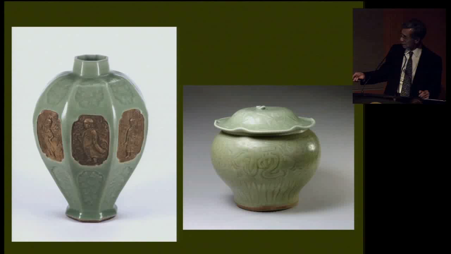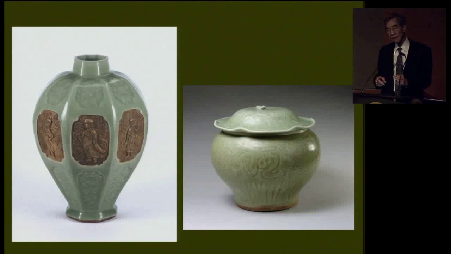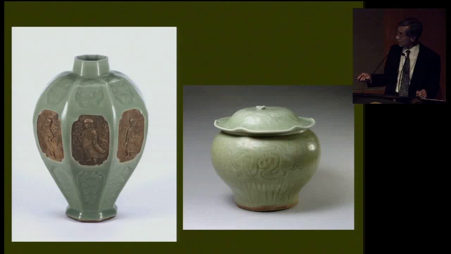As you can see here, the 8 immortals, Taoist immortals, are left unglazed, but they are done in relief. This is a new direction for pottery art in South China.